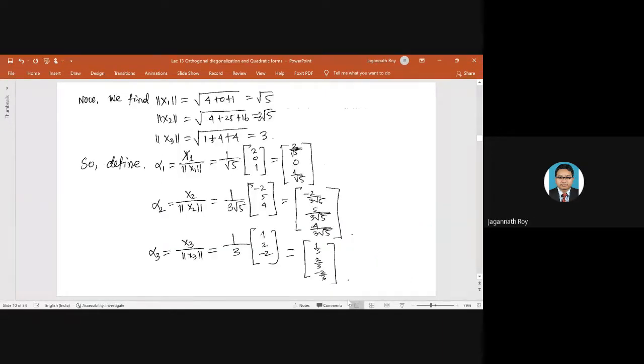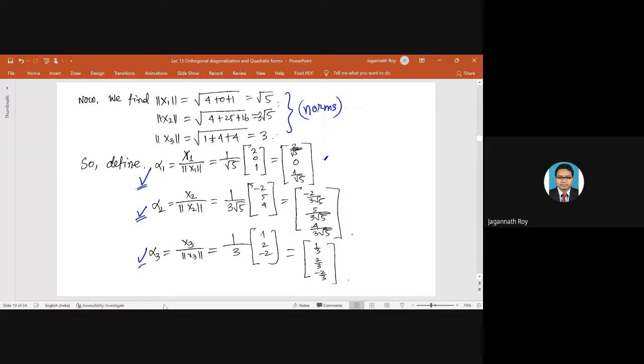Yes, sir. In fact, they are 0. So they are orthogonal. But you have to make them unit vectors. So let us take the norm. Norm means the magnitude or the length of the vectors. Once you find them, you define alpha 1, alpha 2, and alpha 3 as the unit vectors, not necessarily i, j, k. They are just some different unit vectors.